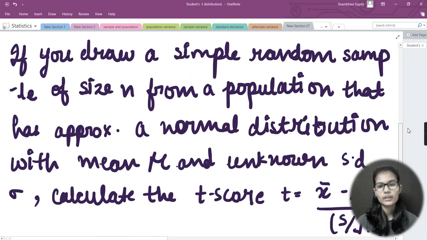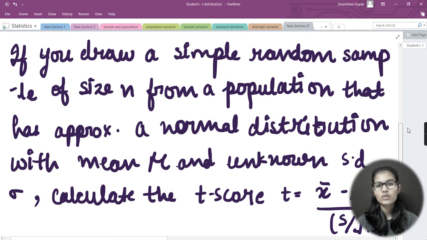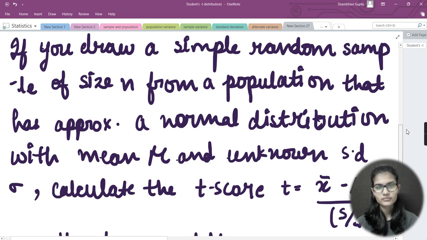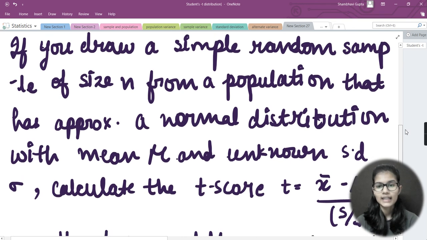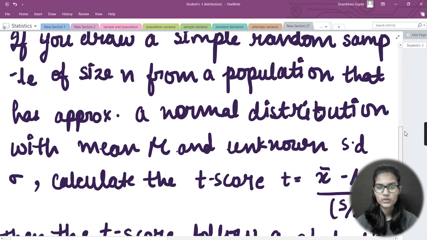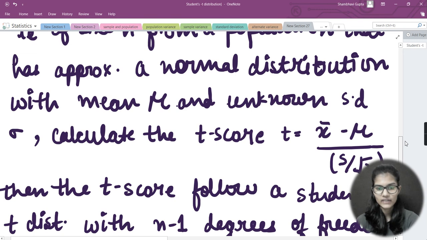Right, now as I mentioned, this is the condition on which this works. If I draw a simple random sample of size n from a population, that population will have approximately a normal distribution, and the mean would be mu, with some unknown standard deviation.